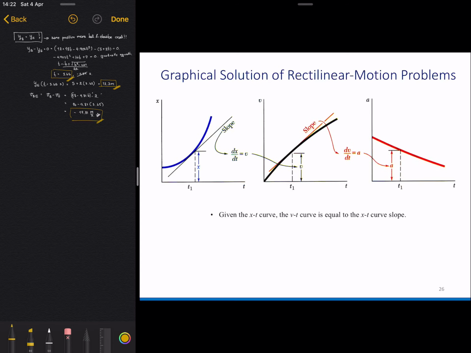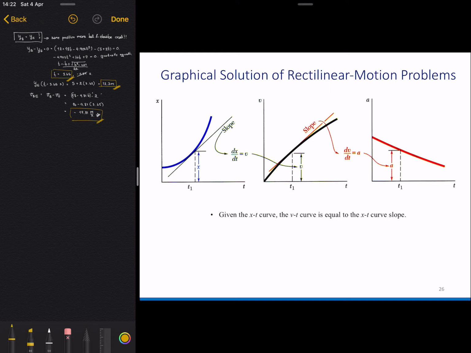all right, so here we get to the next interesting topic also. Actually, for positions, accelerations and velocities, there are many graphical solutions available.